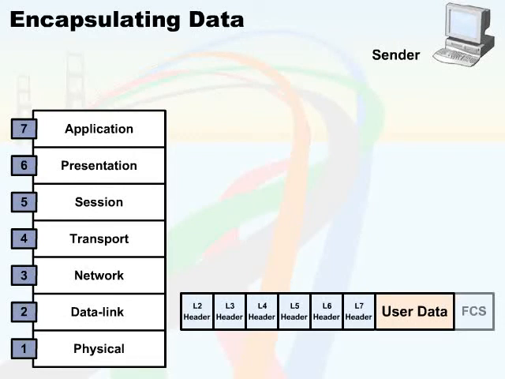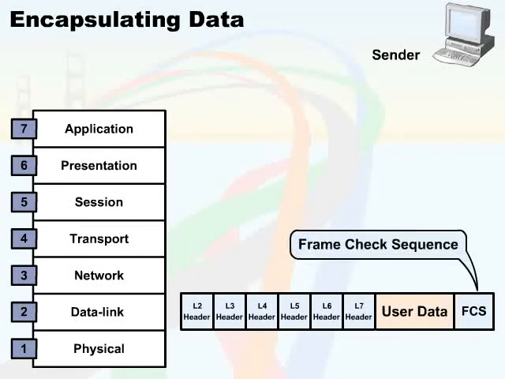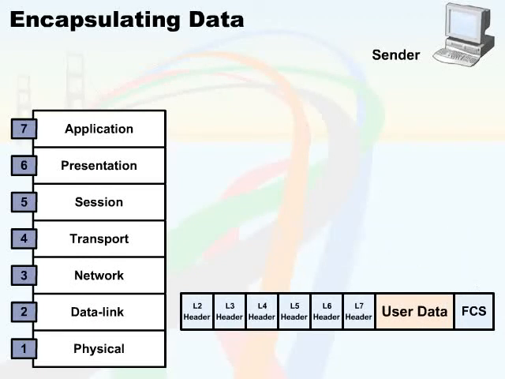Also, at the end of this frame, we're going to have a typical component which is added. This component is known as a trailer. In this case, it is referred to as the frame check sequence, which is very accurate. This indicates nothing more than the mathematical computation of the information beginning with the layer 2 header all the way through the user data, which originated at the very top of my application.